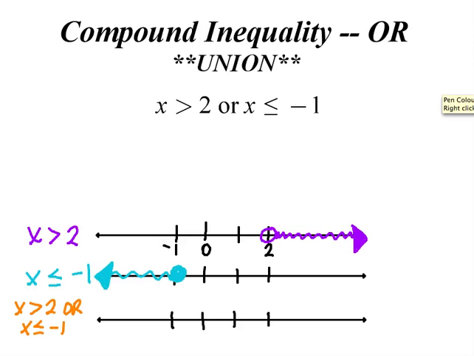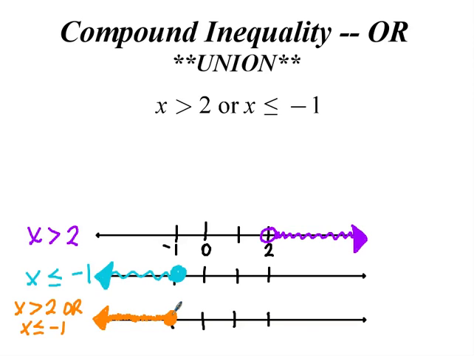Now with union, it just matters that it's shaded in one. It can be shaded in both, but it just has to be shaded in one for you to shade the answer. So if I look at the left arrow, is the left arrow somewhere shaded? Yep, it's shaded in the light blue, so I'm going to shade that. Is the -1 shaded? Yep. Is the 0 shaded? No, the 0 is not shaded.